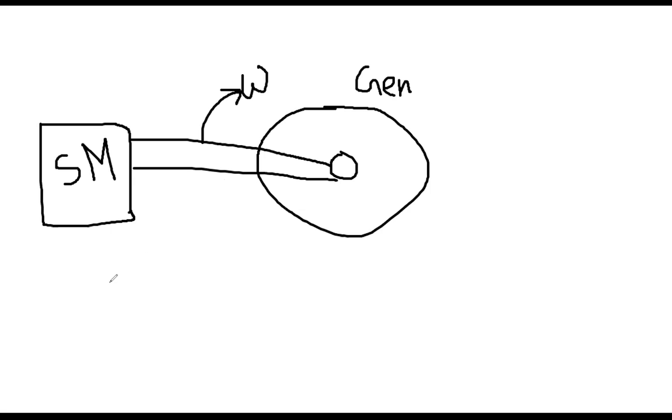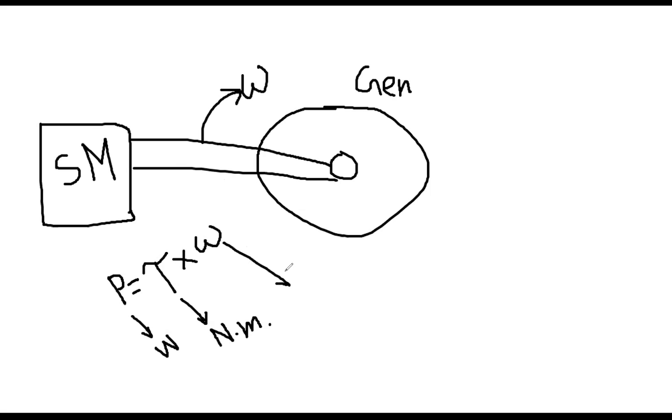Now, this is the relationship: power equals torque multiplied by omega, where power is in watt, torque is in Newton meter, and omega is in radian per second. The torque was given, and power was given in terms of horsepower.